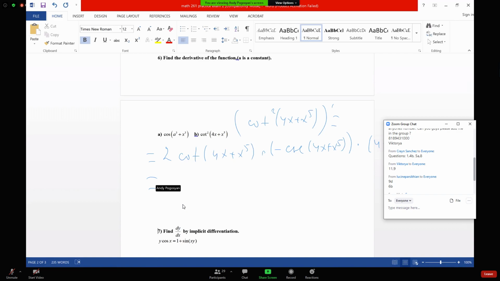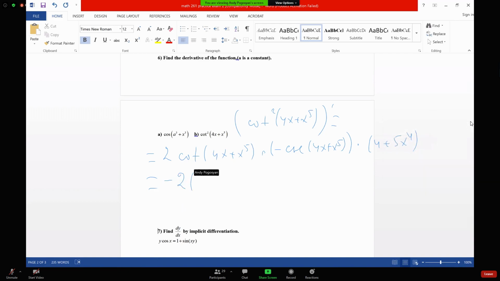So you have negative 2 times 4 plus 5x to the 4. It doesn't matter the order. Cosecant of 4x plus x to the 5 times cotangent of 4x plus x to the 5. Now, cosecant is 1 over sine, cotangent is cosine over sine, so it doesn't simplify, you can leave it like that.